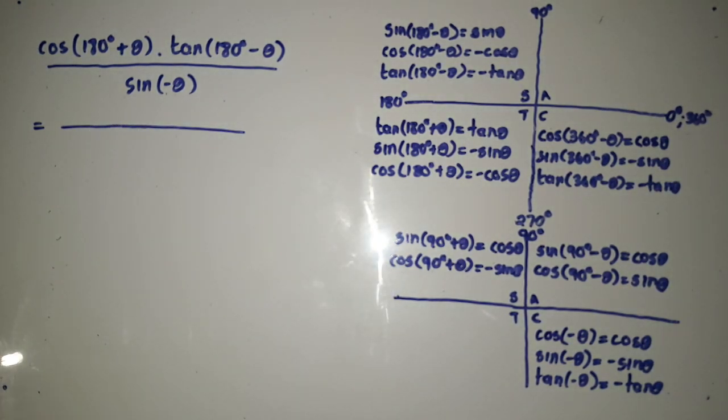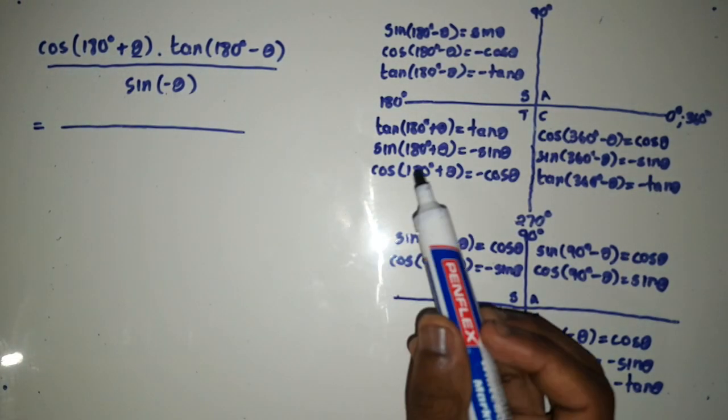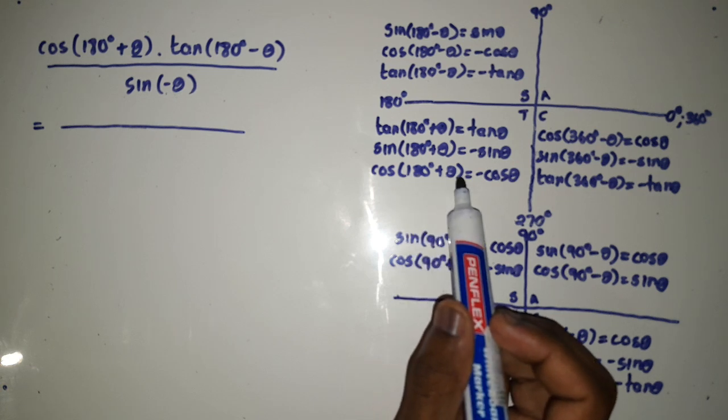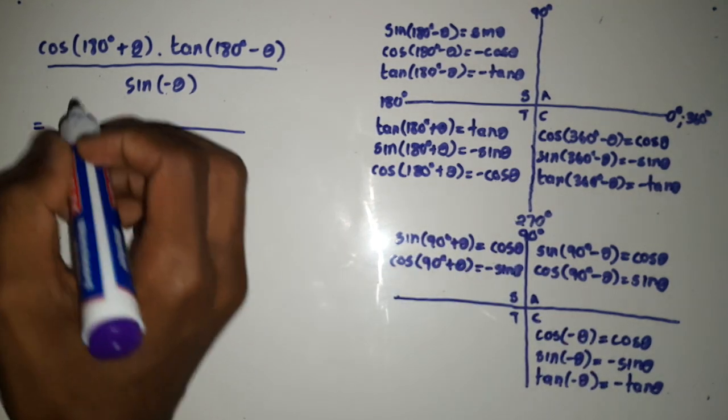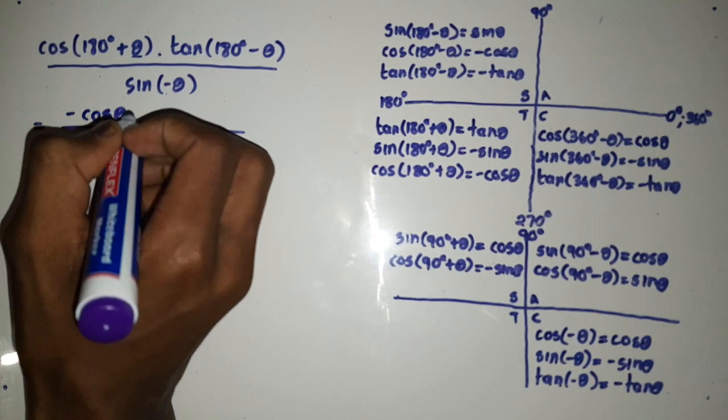Then we have cos(180 plus theta). Let me go to cos(180 plus theta), I get a negative cos theta.